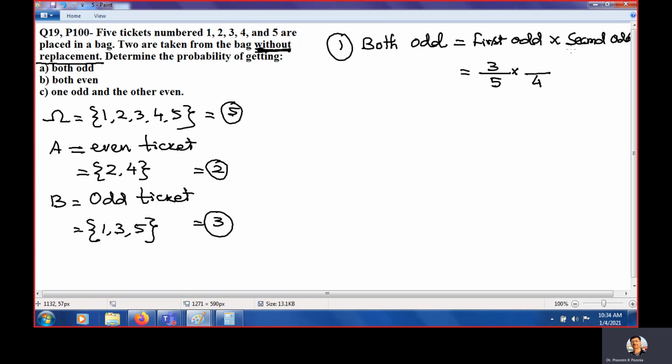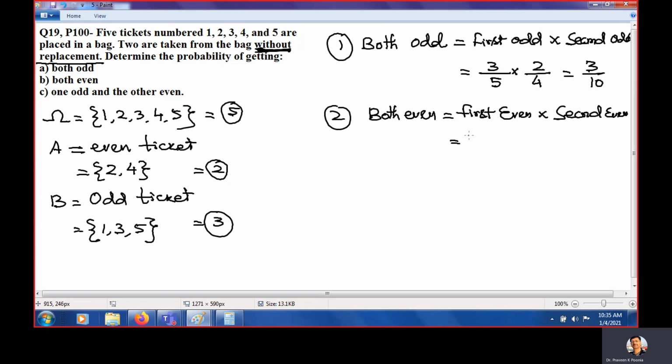And because same odd ticket he is asking, so it is 2 upon 4. So if you simplify it, it will be 3 upon 10. Now question number 2. Both even means first even into second even.